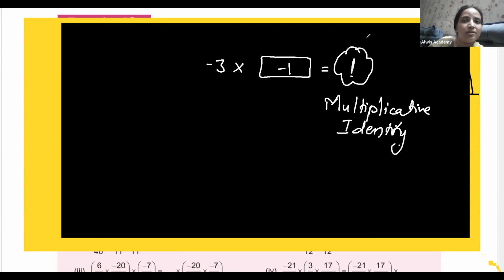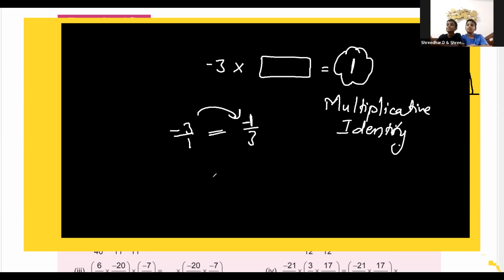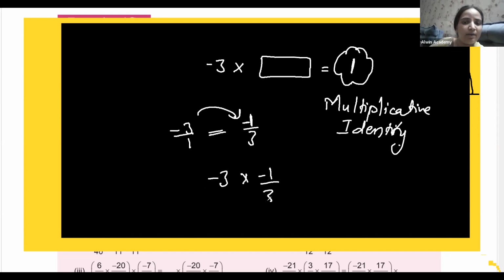You know what? Just flip the number. -3, flip it and make it -1/3. And now what you will do? Multiply -3 by -1/3, and see what you get here. This 3 will be cancelled. -1 times -1, one ones are 1, minus would be positive.